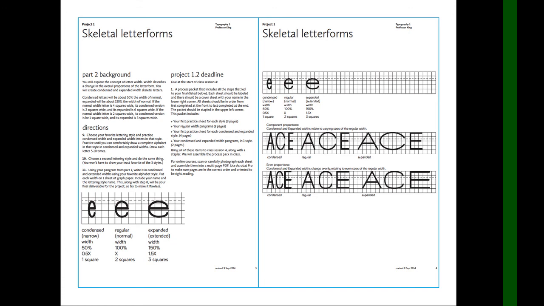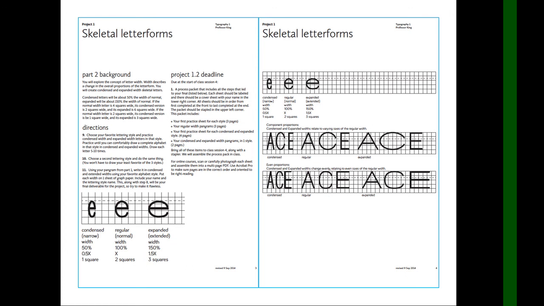Use the same pangram as you did in step 1. One in your favorite of the 3 lettering styles, 1 condensed, 1 expanded. So that will be your final deliverable for the project. Try to make it really beautiful.